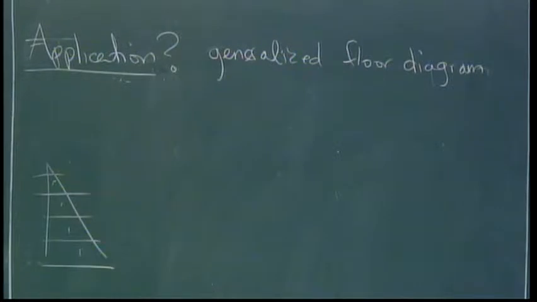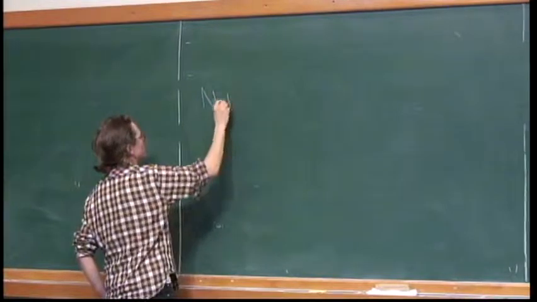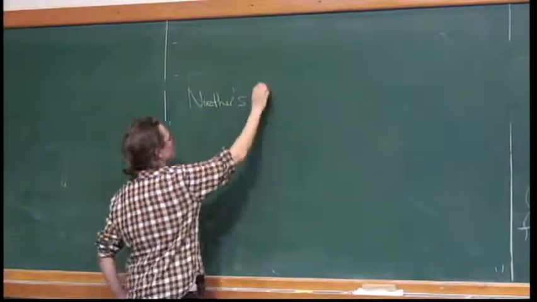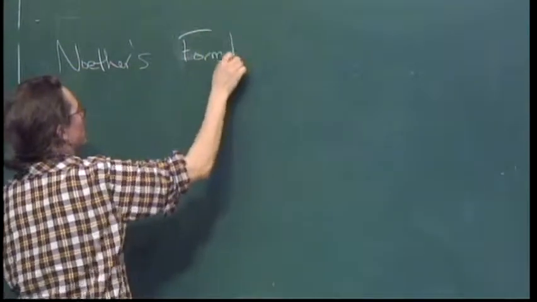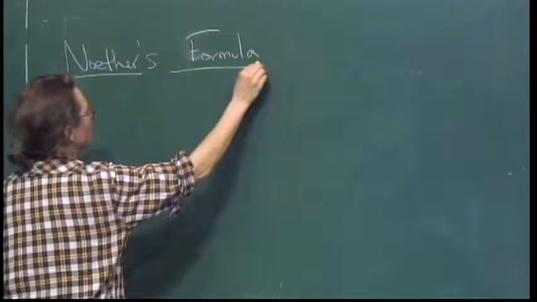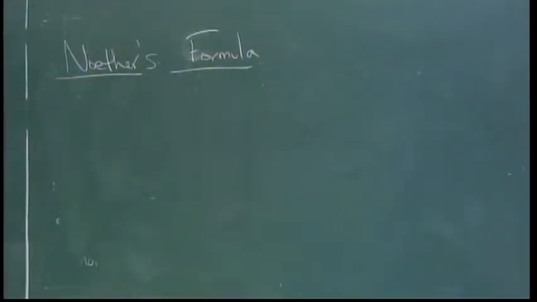The last thing I want to say is to go back to this Noether's formula, which I said is the first basic case of having Hirzebruch-Riemann-Roch for tropical surfaces and in higher dimension.